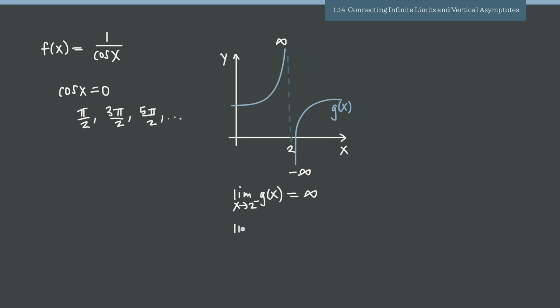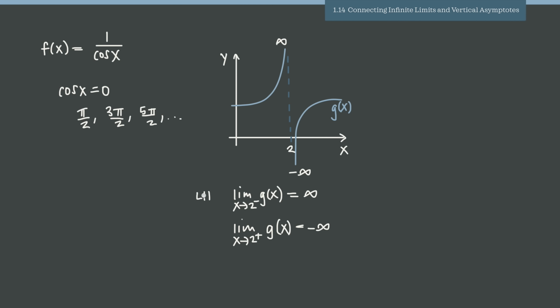From the right-hand side, which we would write as limit as x goes to 2 from the positive side of g of x is equal to, we can see that as we approach from the positive side, we're going down here toward negative infinity. And so we would call those the one-sided limits.